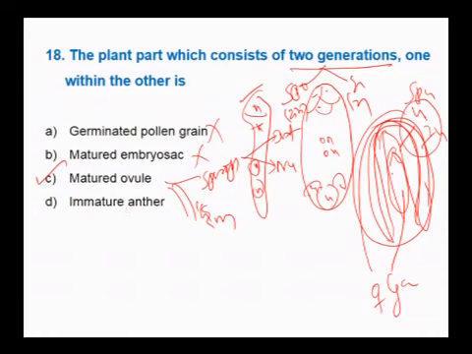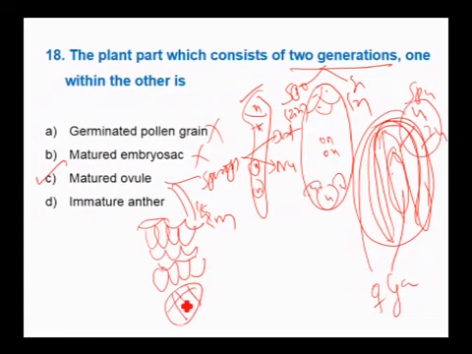Immature anther: the immature anther will have outer epidermis diploid, endothecium diploid, middle layer diploid, tapetum 2n, 2n, 2n, endopolyploidy. The immature anther has sporogenous cells which are diploid, and this entire thing is diploid. Therefore, the immature anther is only sporophyte. But at maturity, it will have haploid pollen grains.